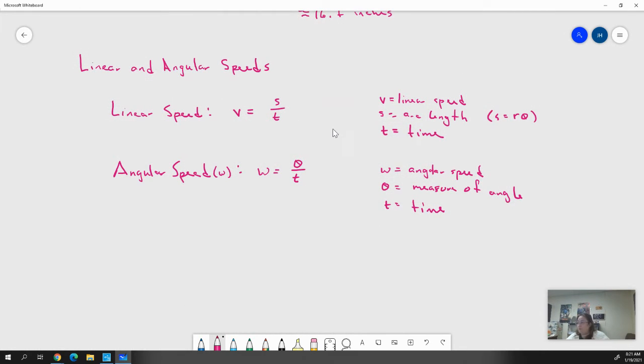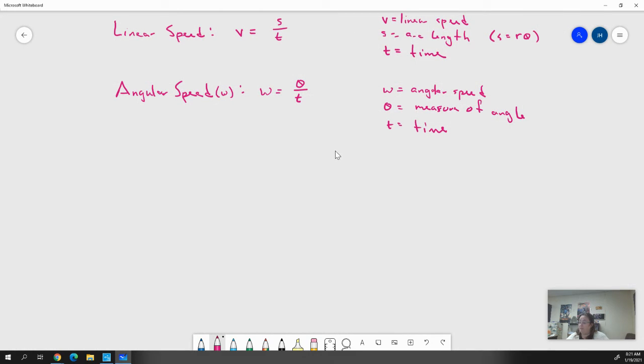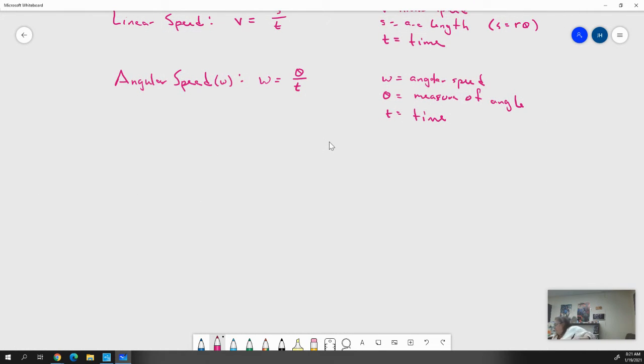So the first problem that we're going to deal with is linear speed on a clock. Say I have the second hand of a clock that's 10.2 centimeters long.